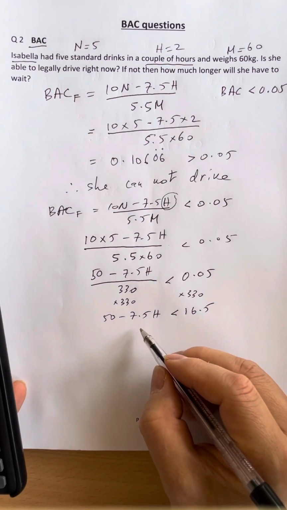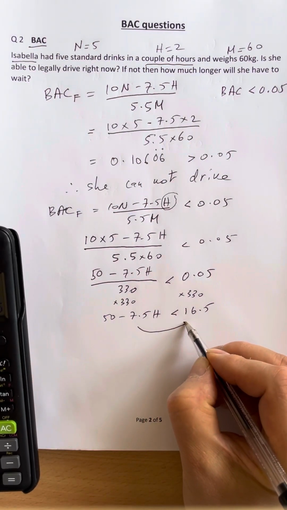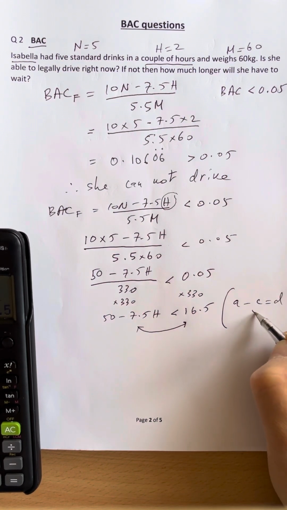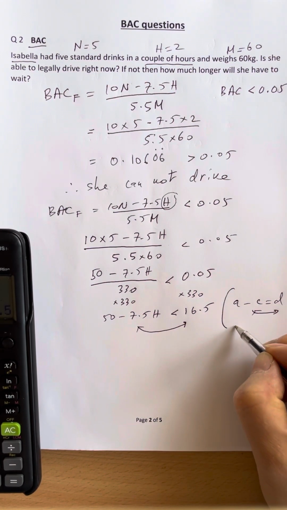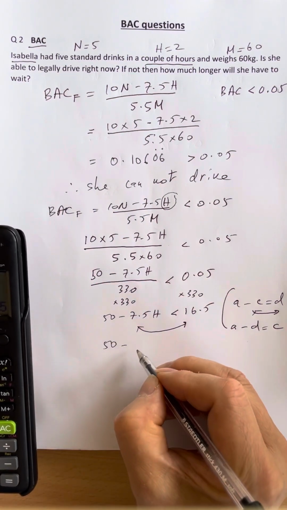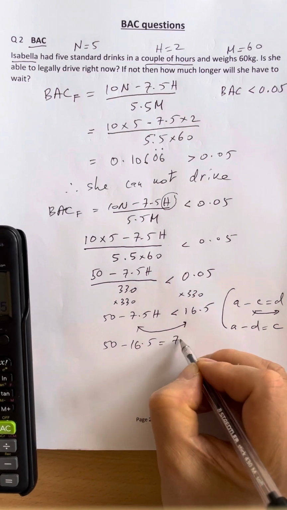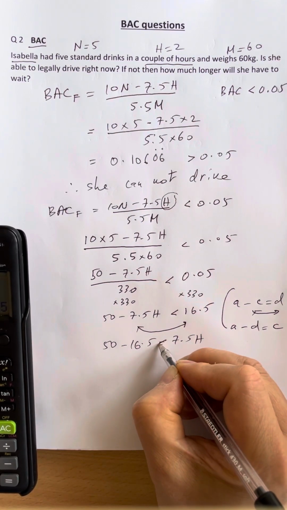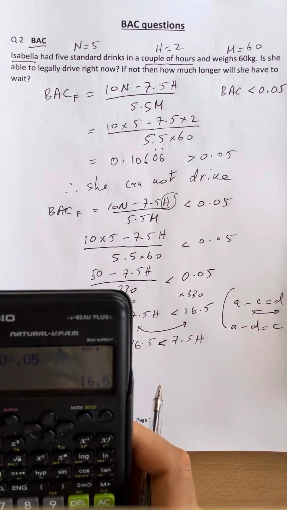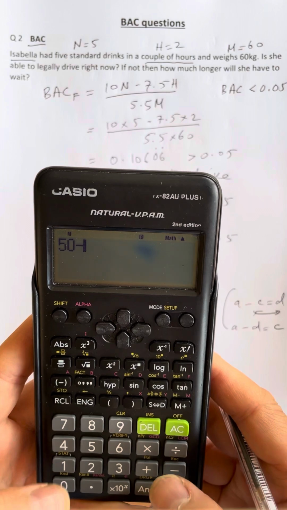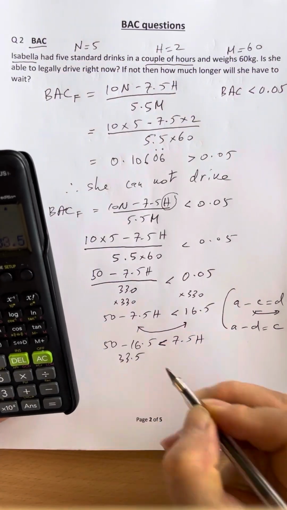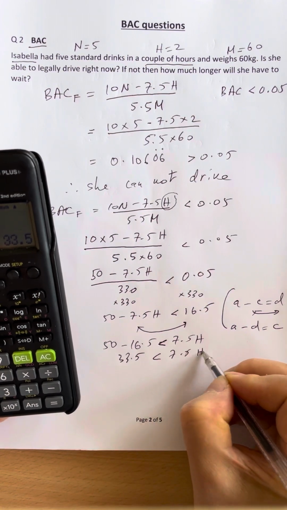And then what you can do is a nice trick. You can interchange these two, because if you have A minus C equals D, you can interchange the C and D. So that means A minus D equals C. So you can do 50 minus 16.5 is equal to 7.5h. It's actually less than. And then 50 minus 16.5 gets you 33.5 is less than 7.5h.